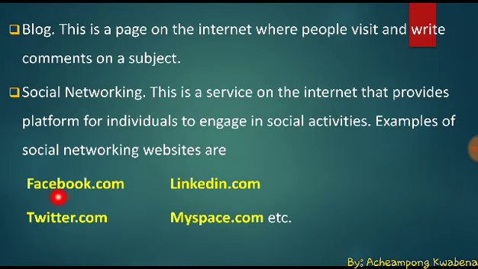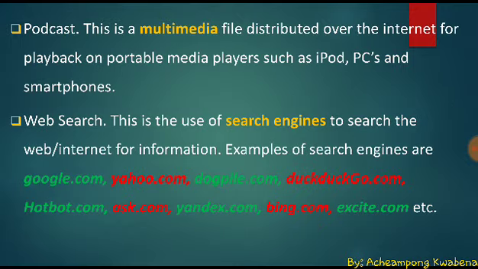We have something like facebook.com, linkedin.com, Twitter, myspace.com. You can mention some other ones too, like Snapchat and the rest. So all these are social networking, and there are also services on the internet that help individuals to engage themselves in social activities.